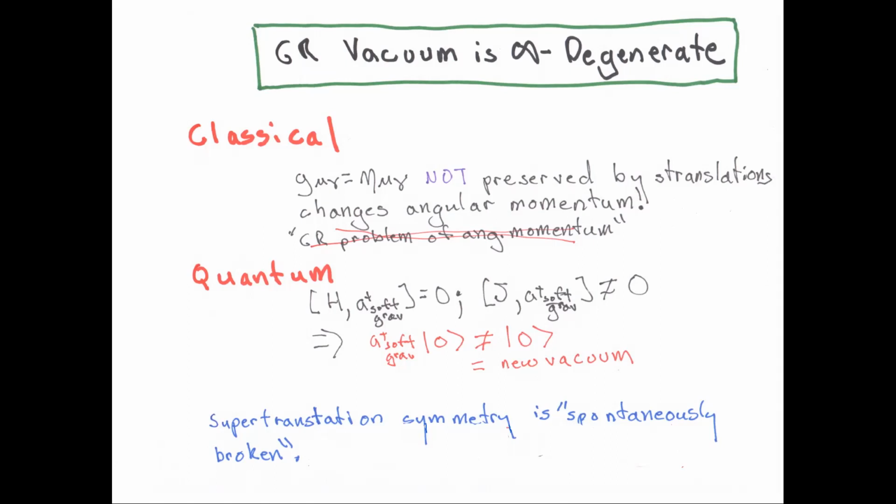People were unable to show in general relativity that angular momentum was conserved, because the expression for angular momentum is not manifestly conserved. And the reason they were unable to show it is that they were assuming that the vacuum always had zero angular momentum. When you account for this, then angular momentum is perfectly conserved. There is no problem of angular momentum in general relativity. It's just that the vacuum carries it.